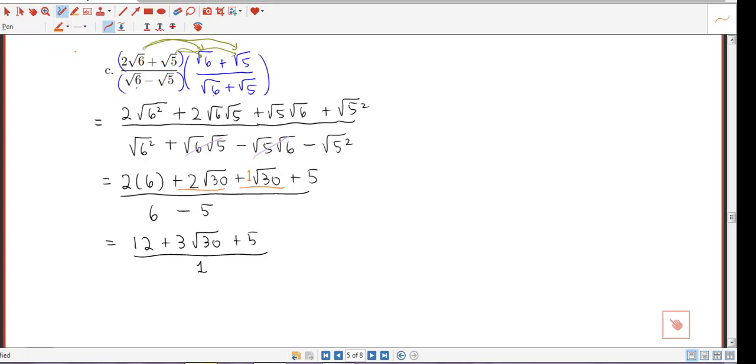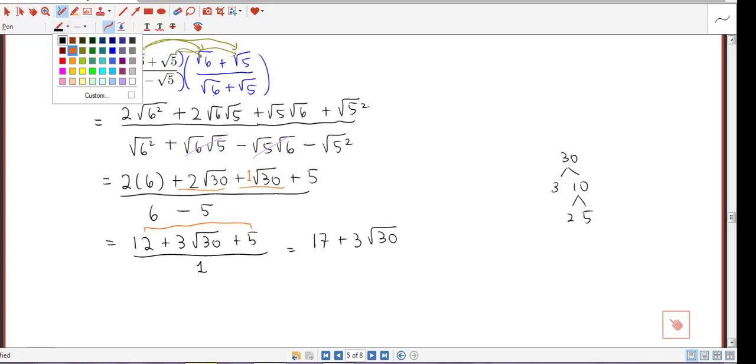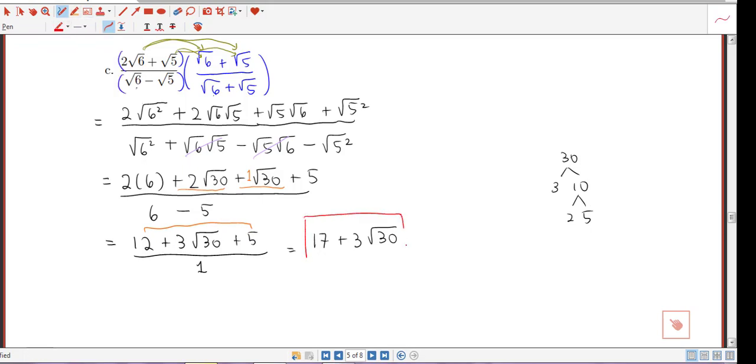Now I think you can still simplify one more step. I could combine 12 and a 5. So here what you're going to get is what? 17 plus 3 square root of 30. Okay, over 1, so I'm just not going to write over 1. Now, does 30 contain a perfect square? Nope, does not contain any perfect square. So, this is going to be your answer.